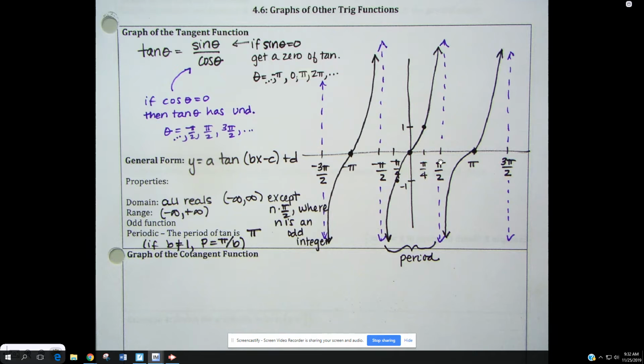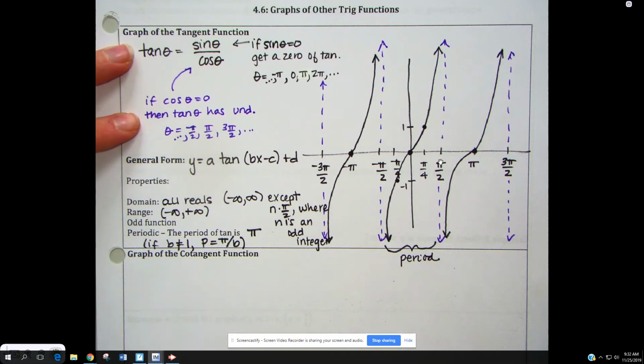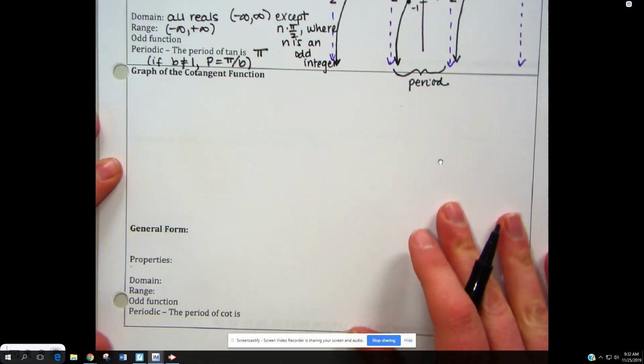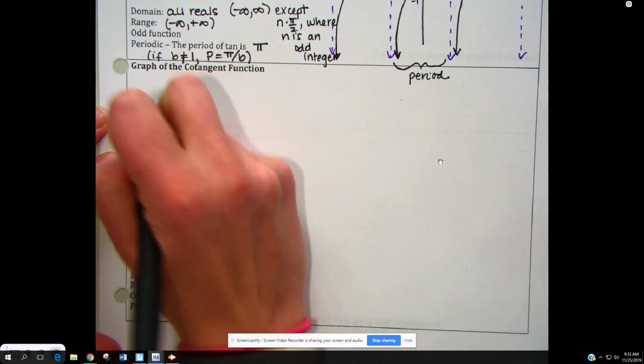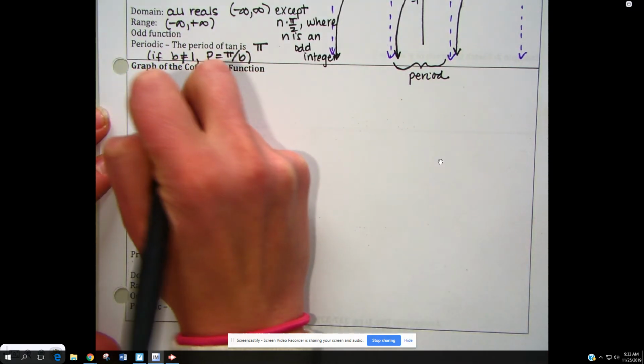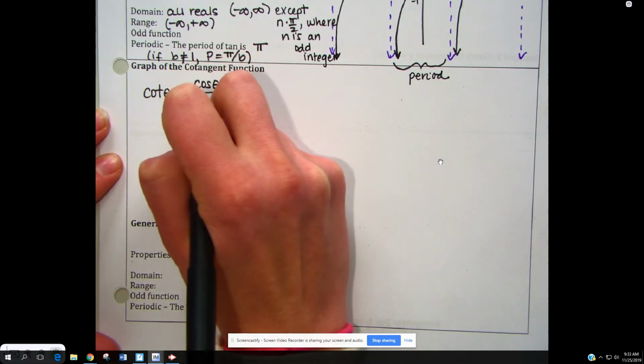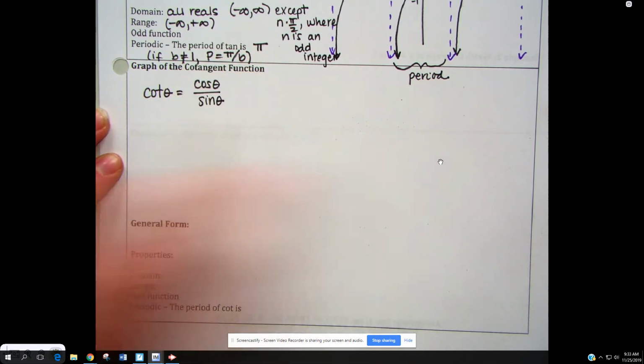The cotangent function graphs really similarly. And if you think about the steps that I just took to justify to you the tangent function, the cotangent just works in reverse. So let me scoot that up a little bit. The cotangent function, if we go back to our formulas, is cosine over sine. It's the reciprocal of our tan function.